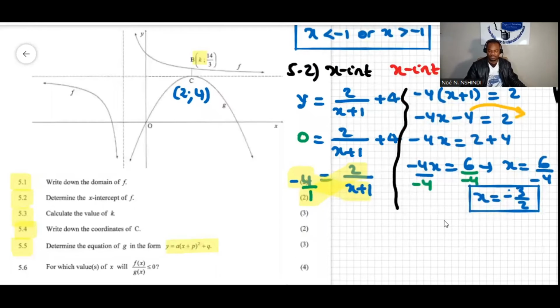Now if I look at the previous question, we already found the coordinates of C, which are 2 and 4. So this is the value of p and q. p is 2, and then q is 4. Now we need to be careful here.